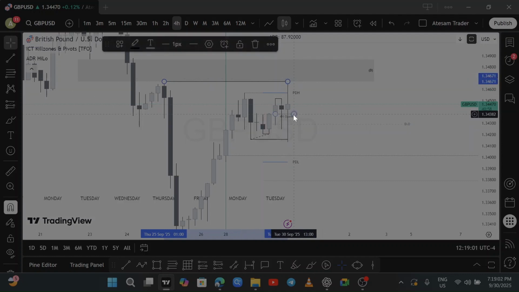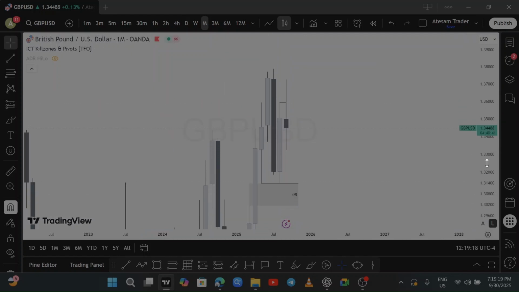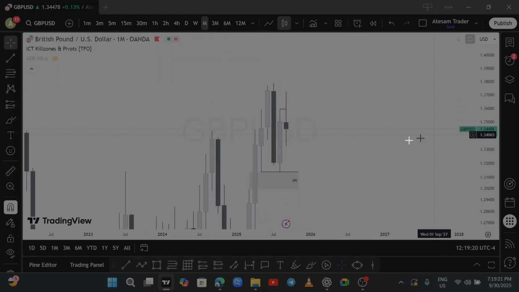But if you see how messy the price action is, no clear move, sweeping both candle highs, candle lows, range high, range low. This is totally ranging price action, and one of the reasons is we are about to close the monthly close. So there is indecisive price action.